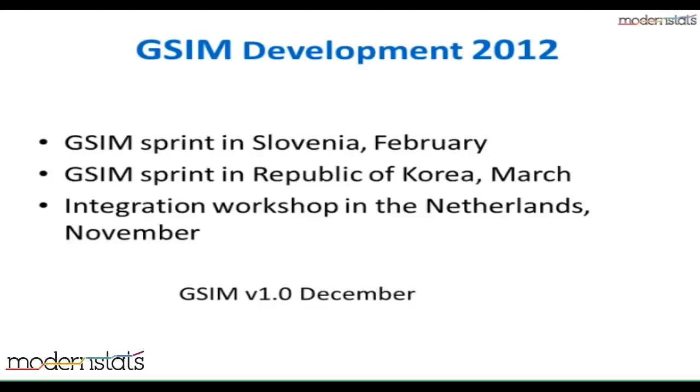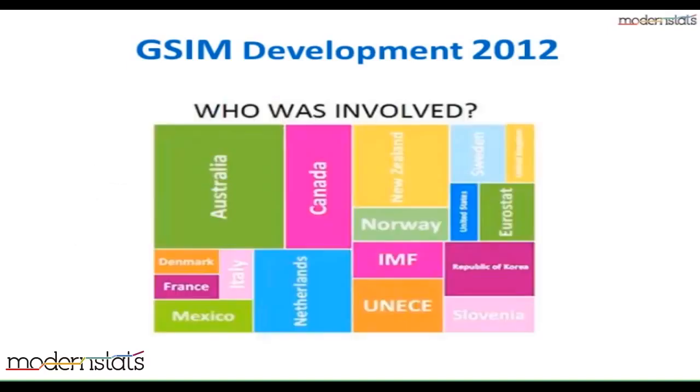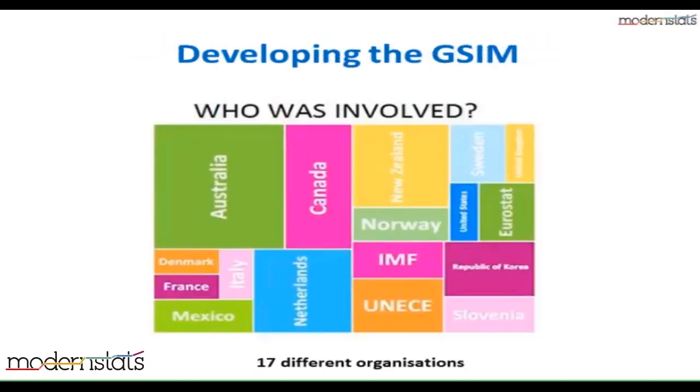This resulted in version 1.0 of the GSIM in December of that year. And that is a very rapid development for an international standard. So who was involved in the development of GSIM? There were 17 different organisations, and many of your organisations have been involved in the development of this standard.